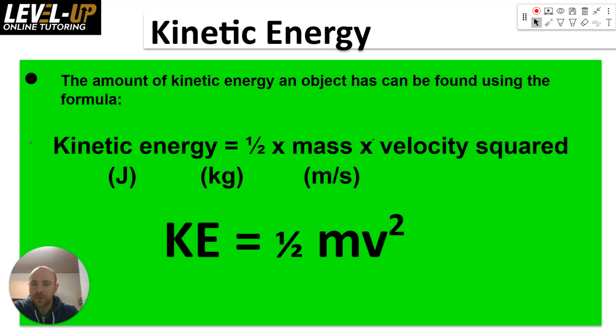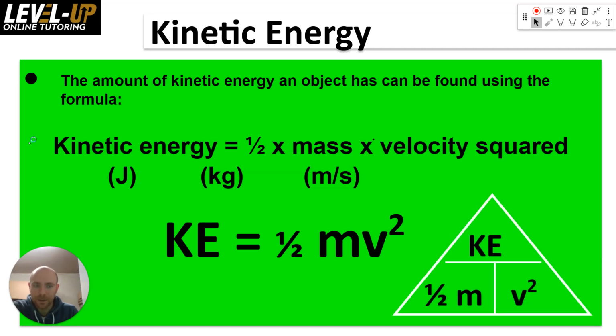Okay, so there is the formula in symbol form. Kinetic energy is half mv squared. Make sure you've got those units correct. And some people like these little triangles. I'm not a big fan myself, but if that's what you like, then go for it. So in this case, you've got these two multiplied together and these divided.